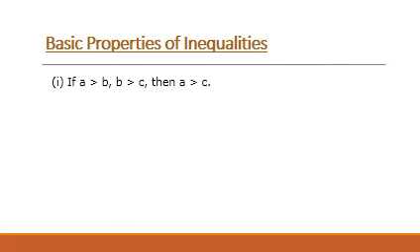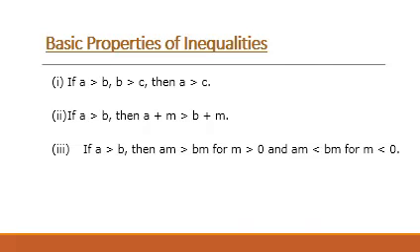Let us talk about some properties of inequalities. If A is greater than B and B is greater than C, then definitely A is greater than C. This is logic somehow. If I have A greater than B and I added the same number on both sides, this will never change their sign.